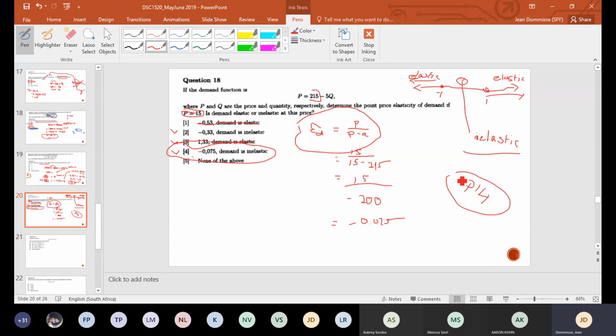I would use this formula much more than the other one, to be honest. The other one is quite difficult, because now you need to work out a few things. You need to work out what the change is in P and Q, and that just makes it much more difficult.